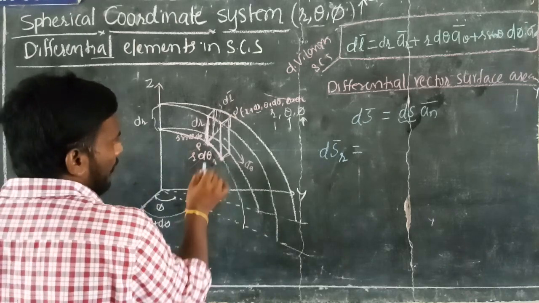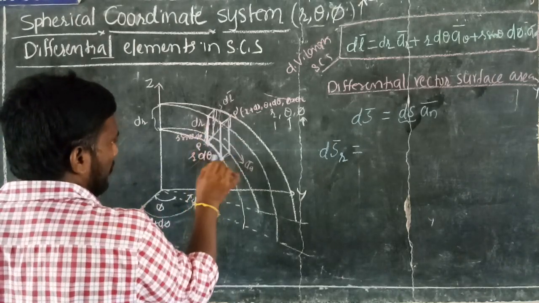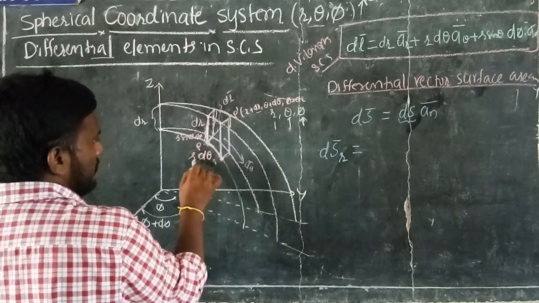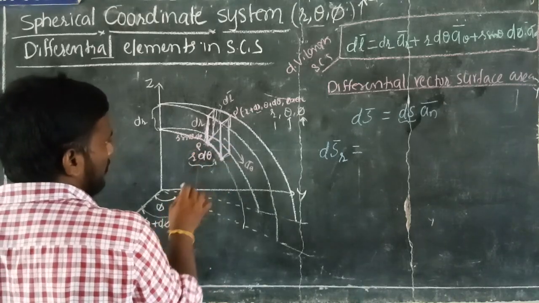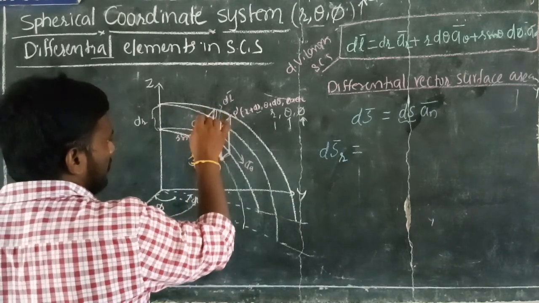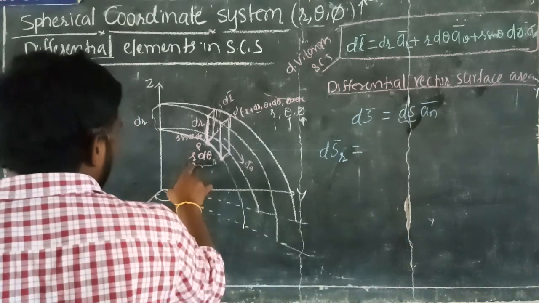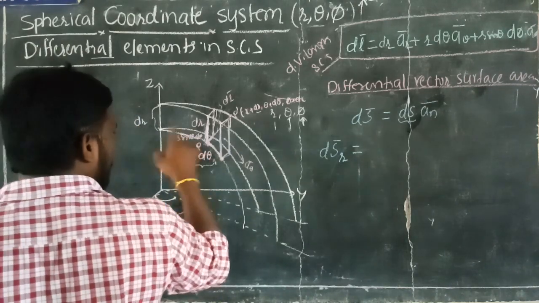So tell me the area of this surface. Length into breadth. What is the length here? It is r d theta. Breadth here is r sin theta d phi.